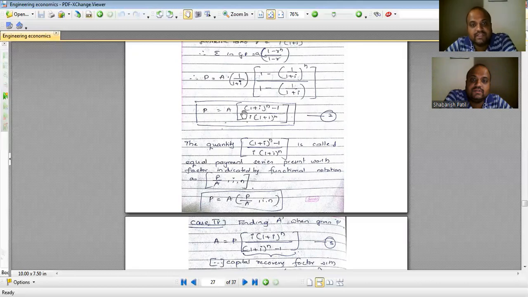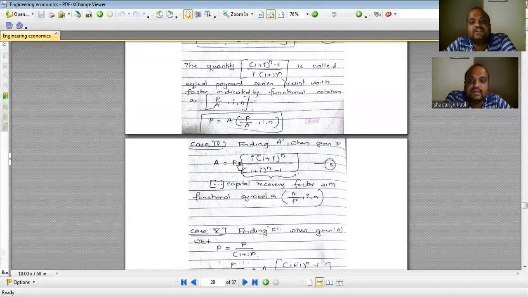If you simplify this equation 2 for A, that is the expression. Your annuity is equal to P into I multiplied by (1 plus I) raised to n divided by (1 plus I) raised to n minus 1. This is equation 3, called the capital recovery factor, with the functional symbol A by P, comma I, comma n.